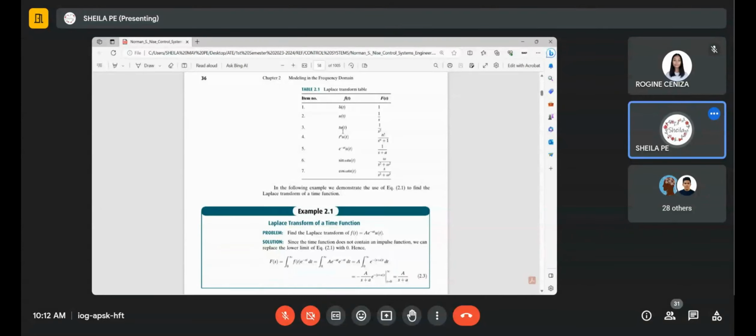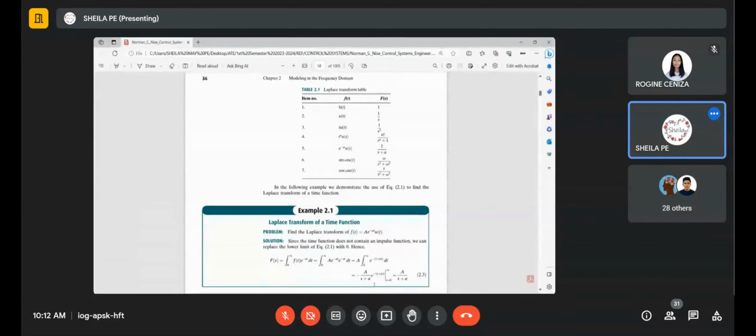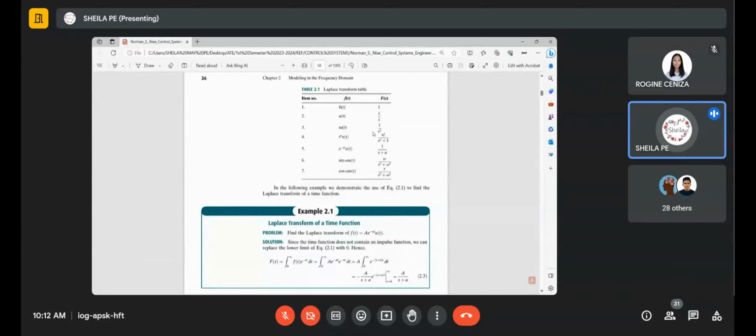For the ramp, that's 1 over s squared, and so on and so forth. We have also the sinusoid and the parabola. Those are some inputs and their respective Laplace form.